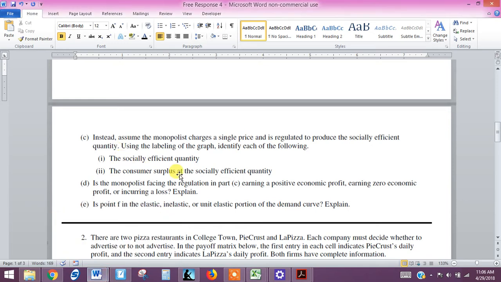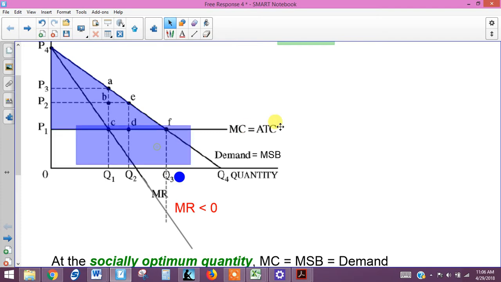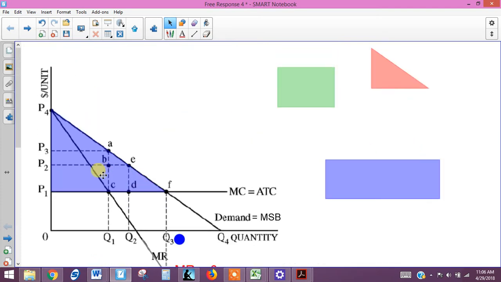Now part C2 asks what the consumer surplus is at the socially efficient quantity, and that's easy enough. We just look at the area below the demand curve and above the price that we're now going to charge at this point of social optimization.